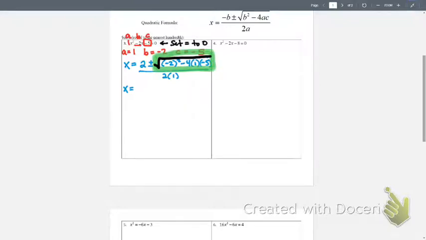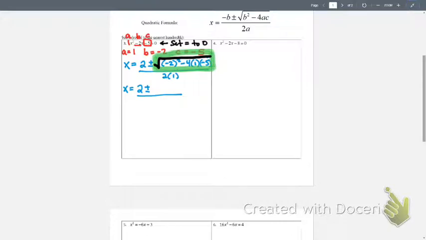So I'm going to write 2 plus or minus. I'm going to type in the square root of open parentheses, -2, close parentheses, squared, minus 4, open parentheses, 1, close parentheses, open parentheses, negative 5, close parentheses.